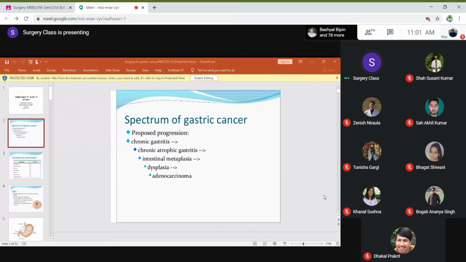So now, transection of stomach for various gastrectomies. I've already given you the picture here. You can see this is for the total gastrectomy. You have to go up to here, up to the lower end of the esophagus, and then you have to remove the whole of the stomach.